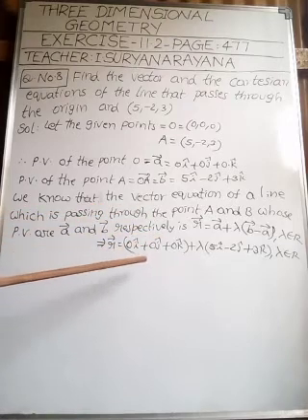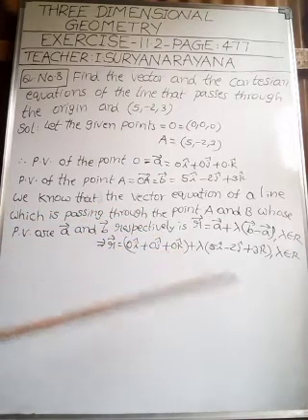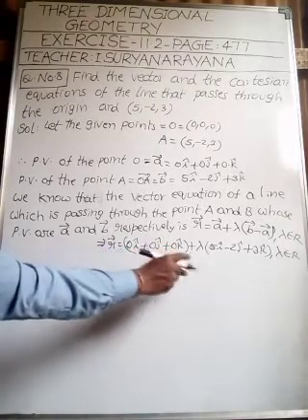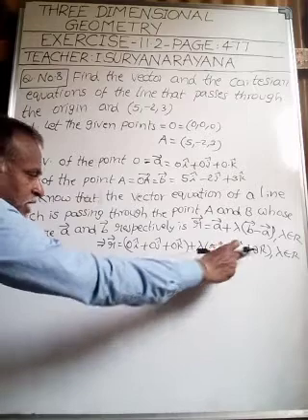Okay, my children. Now let us write this equation of the line in the Cartesian form. This is nothing but x1, y1, z1, and these are the values a, b, and c.